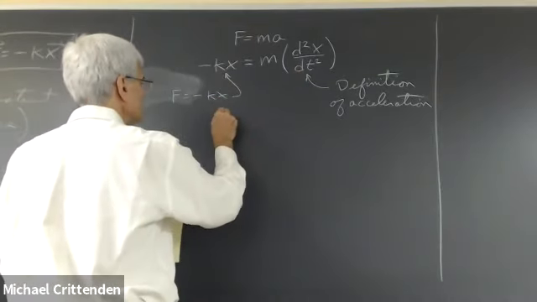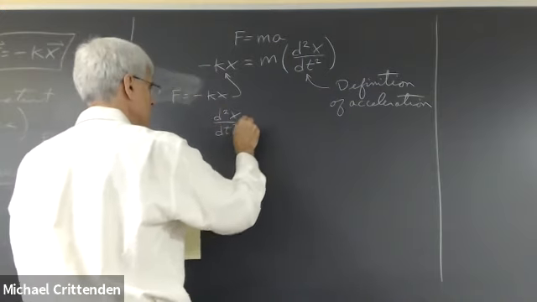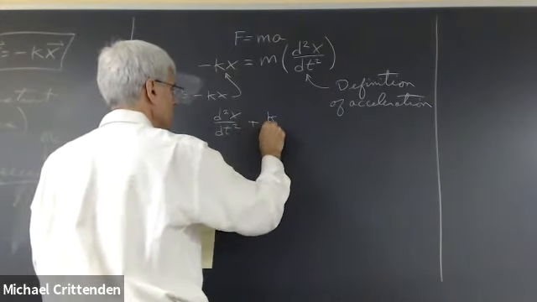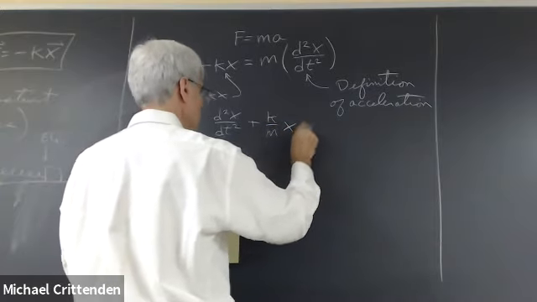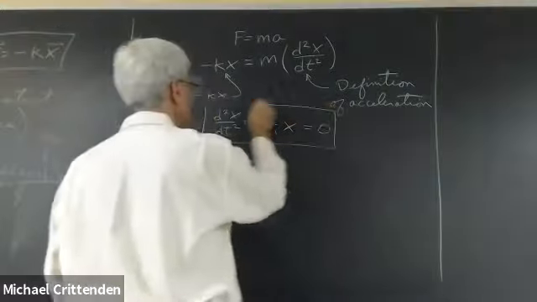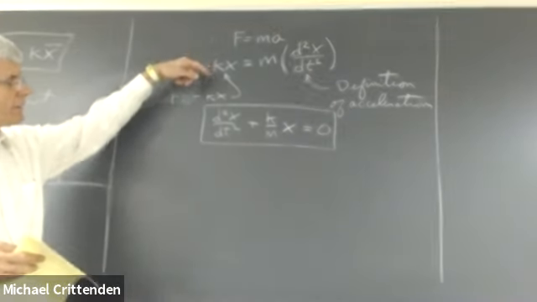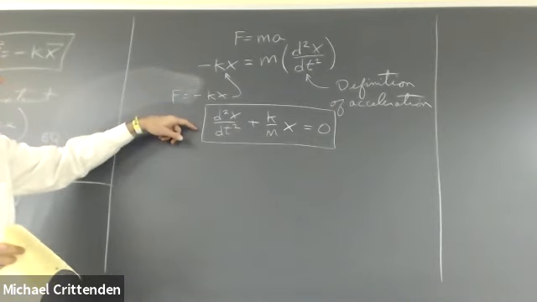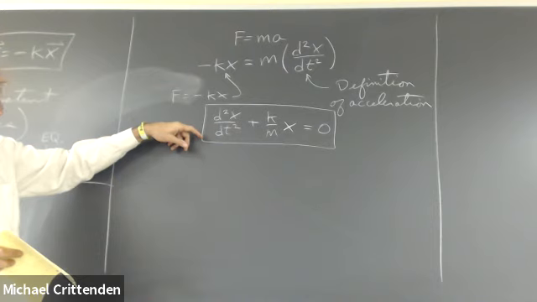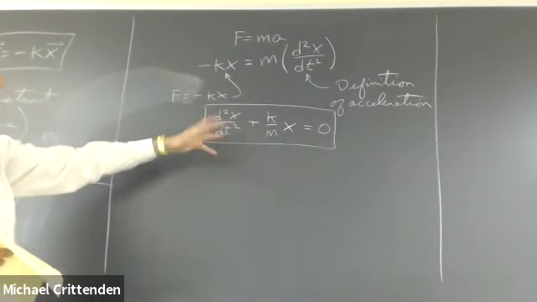What I did to get from there to there is I divided the equation through by m and then added this negative term to both sides.